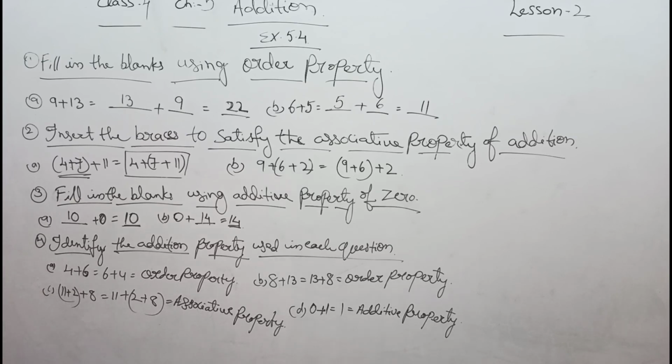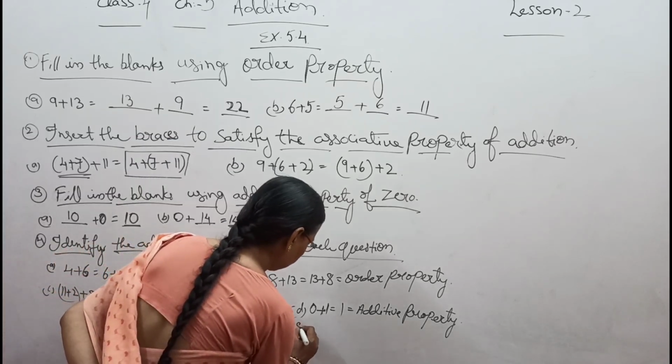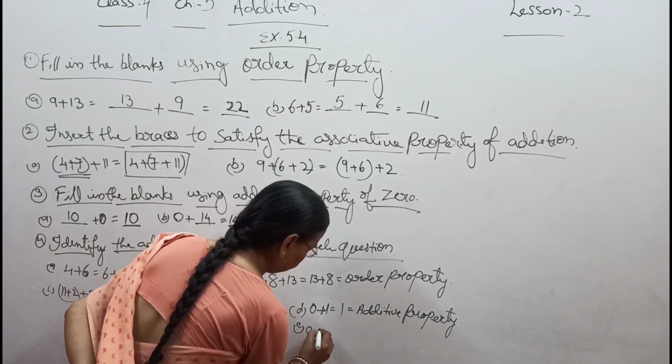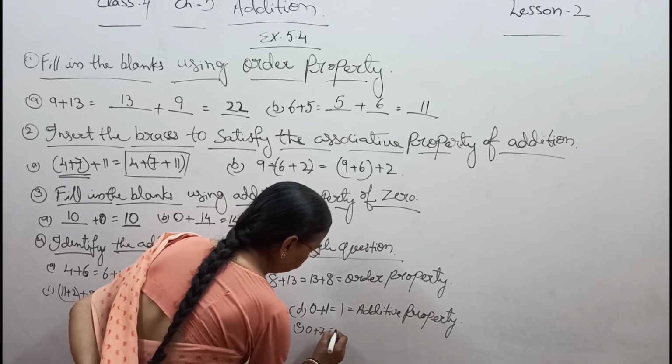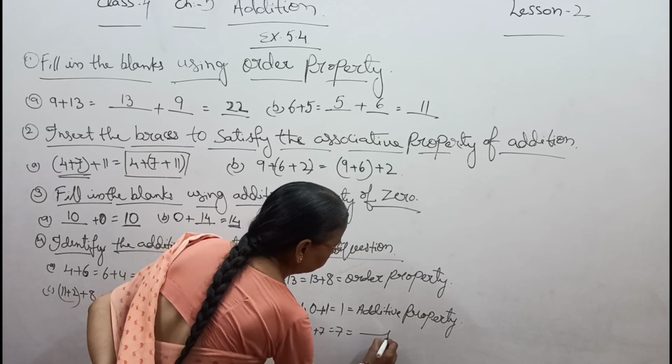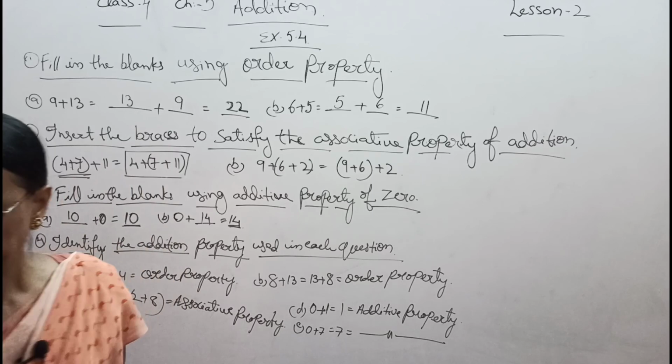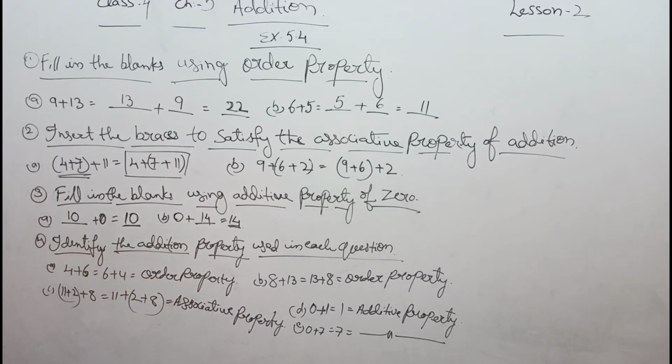And the fifth one, 7 plus 0 equals 7, it is again additive property. Like this you must do the remaining one, that is 6 plus 3 plus 7 equals 6 plus 9. It is associative property, or grouping property.